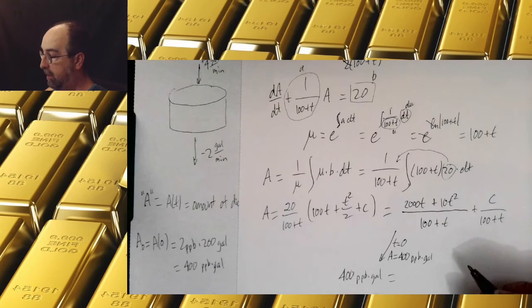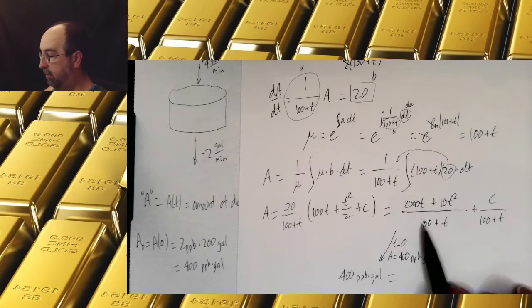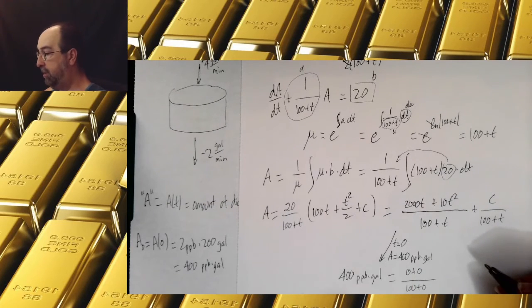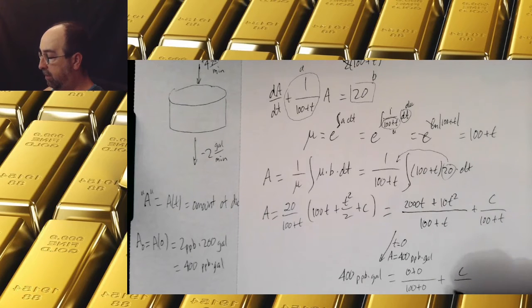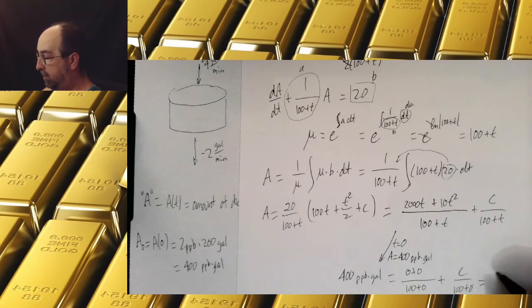Now, that t equals 0 is going to come in very handy. We're going to get 0 plus 0 over 100 plus 0, and that is going to be 0 over 100, which is 0. And then we will have c over 100 plus 0. So we get 0 plus c over 100. So this whole mess is equal to c over 100.